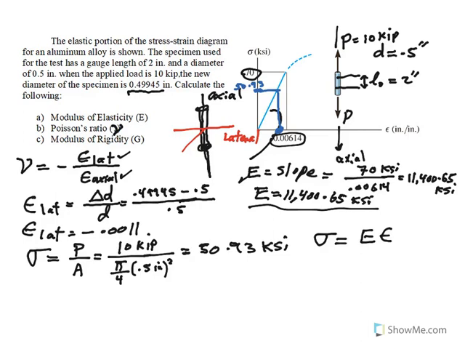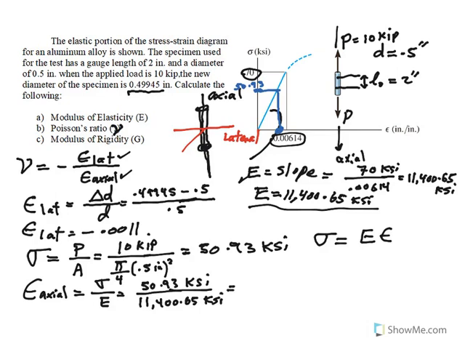So here, epsilon axial becomes sigma axial, which we already calculated, divided by E. If I take 50.93 KSI and divide it by the E that I calculated at the beginning, 11,400.65 KSI, the result again is a dimensionless value of 0.004467, which is the axial epsilon.